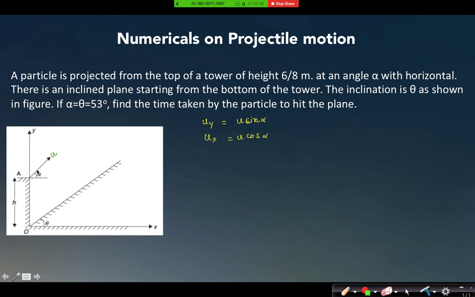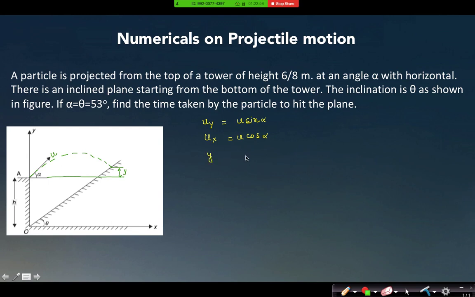So let us say that after time t, the particle moves like this and it hits the inclined plane here. I do not know the position of this point. Let us assume that its displacement is y. So what equation will I write for y?